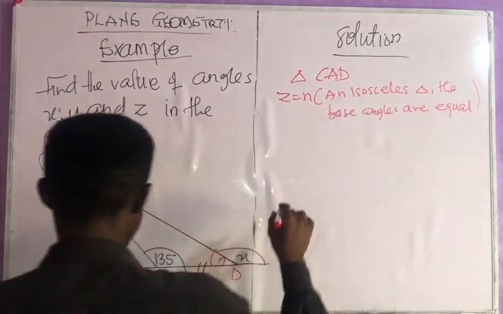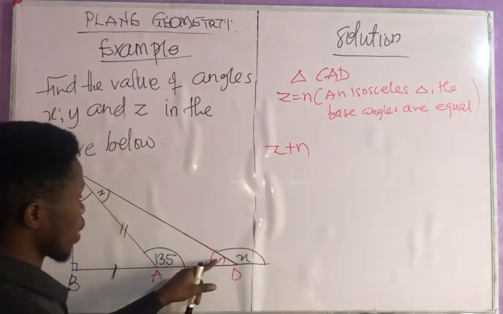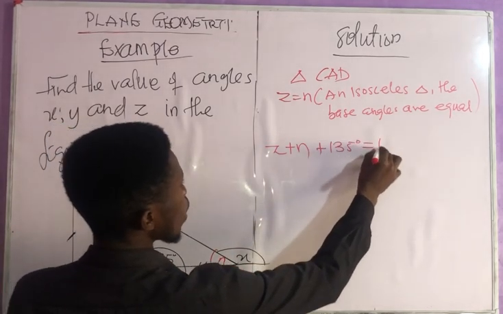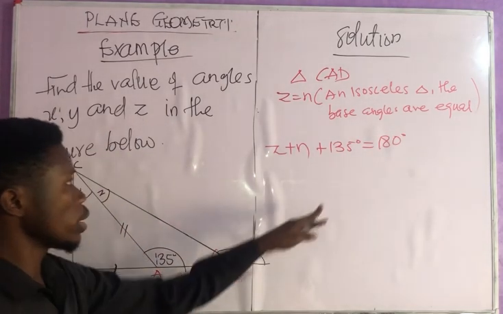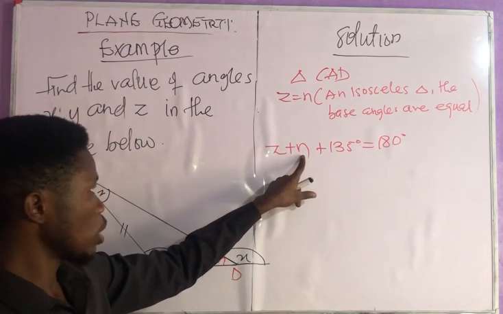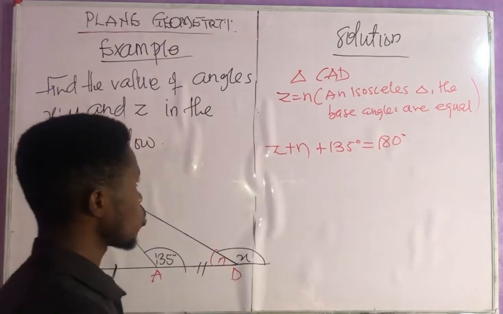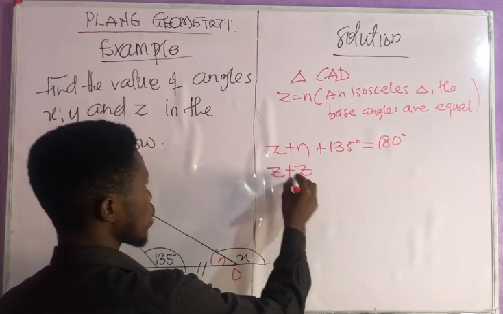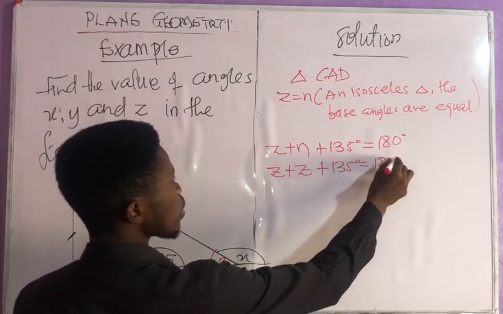So I have z plus n plus 135 degrees equals 180 degrees. Is that okay? And already we know that z and n are the same, so in place of n, I can replace by z. So z plus z plus 135 equals 180 degrees.